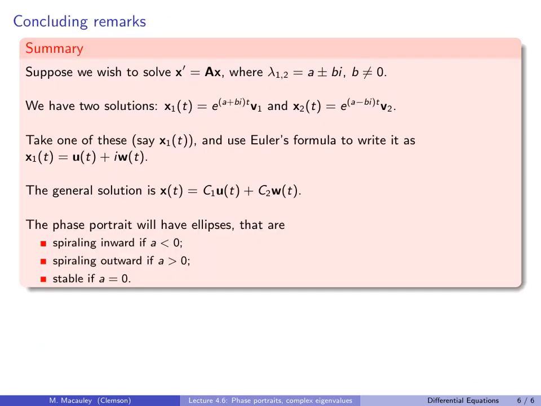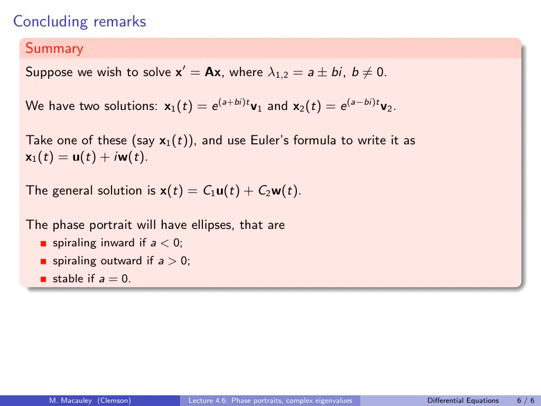Okay, so let's recap what we've learned so far. Suppose that we have a homogeneous system of ODEs, x prime equals Ax, where our eigenvalues are complex numbers. And let's assume that b is non-zero to assure that they really are complex and not just real numbers. So we have two solutions. Let's assume v1 and v2 are the eigenvectors. Then our solutions are e to the lambda 1 t times v1 and e to the lambda 2 t times v2.